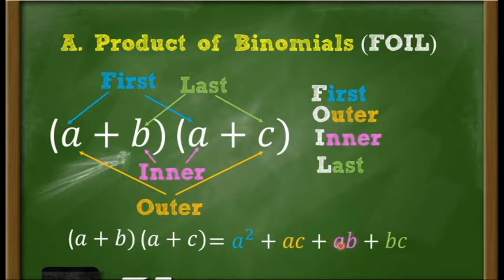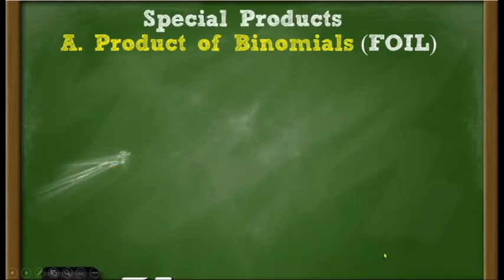Now, we have here the third term, that's plus AB. Where did we get AB? That is the result of your inner terms. B times A, and having it alphabetically, that is AB. Plus, the last term is coming from the last terms of our two binomials, which is B and C. So this is now our answer, A squared plus AC plus AB plus BC.